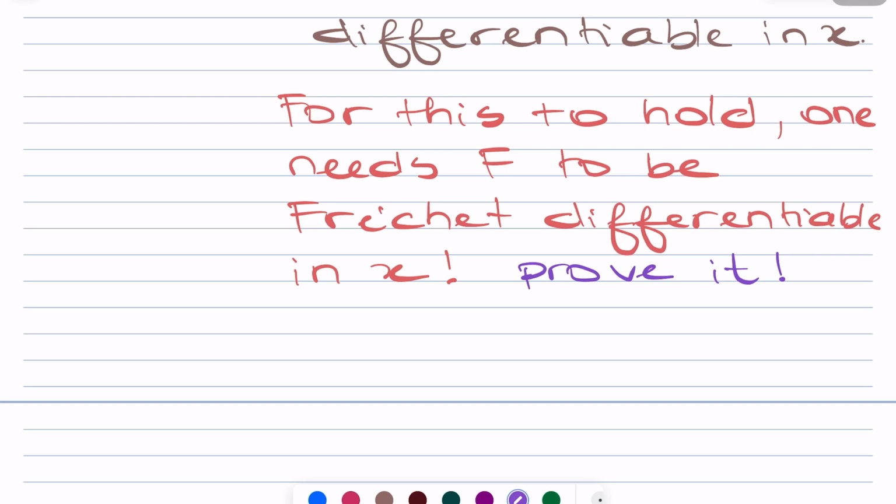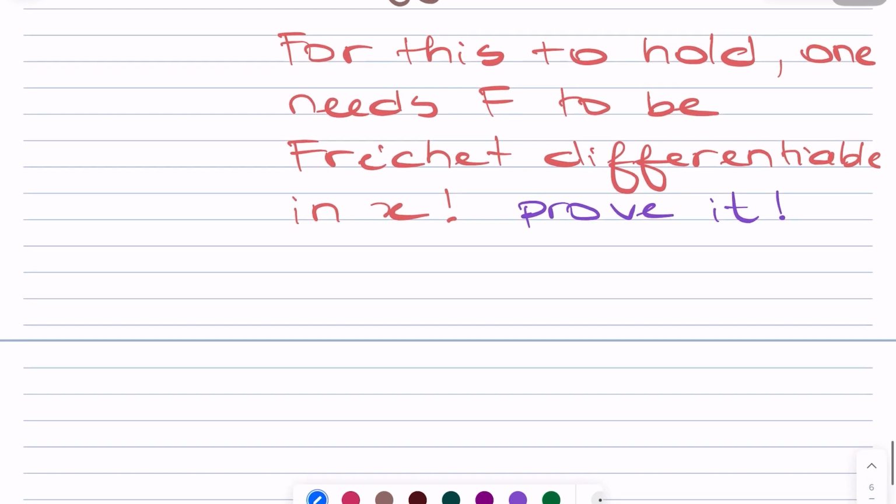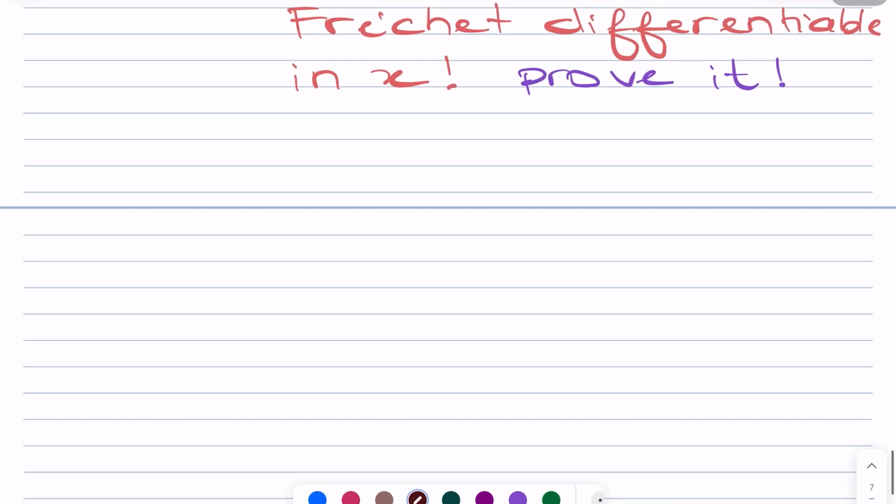Okay, so we also need the following variant of the mean value theorem that will be very, very useful at some point in this lecture series. This is given by theorem 2.6, a variant of the mean value theorem.